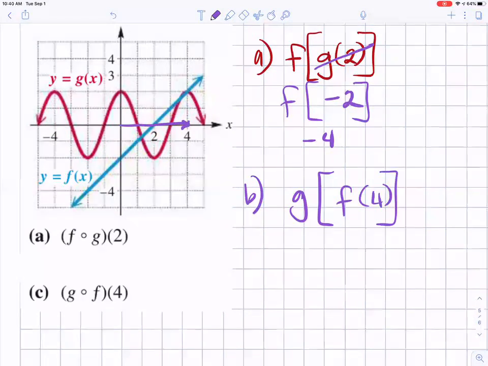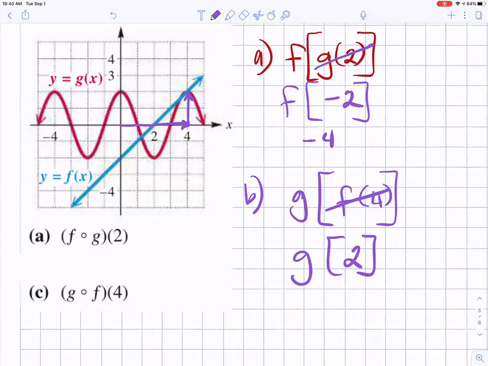So do I want to look at the red Y value or the blue Y value? The blue one. They end up being the same thing, but still, I want the blue one, right? So what is the blue Y value? Okay, so F of 4 is the same thing as 2. Copy the other junk around it.